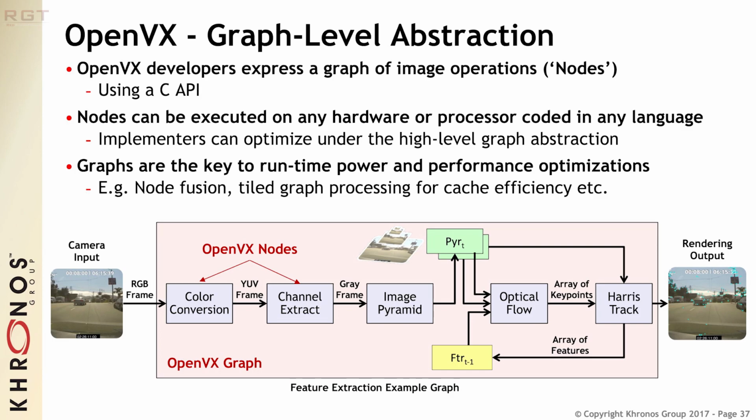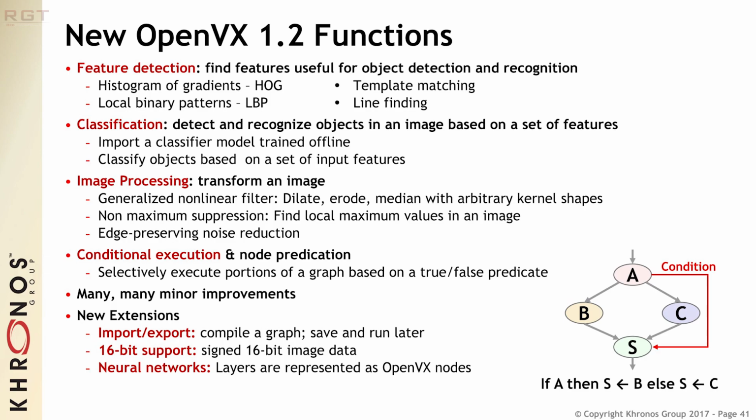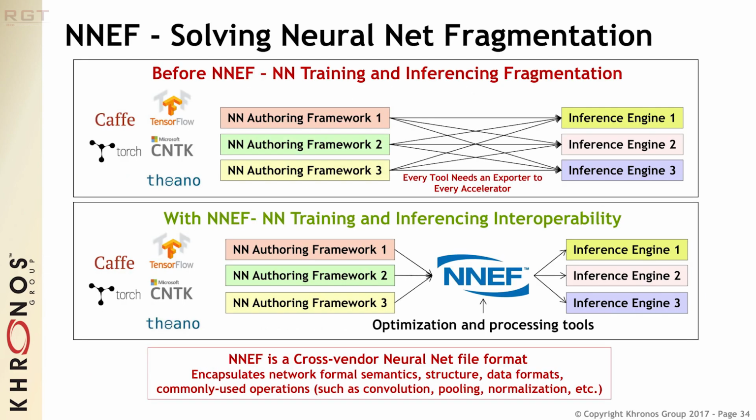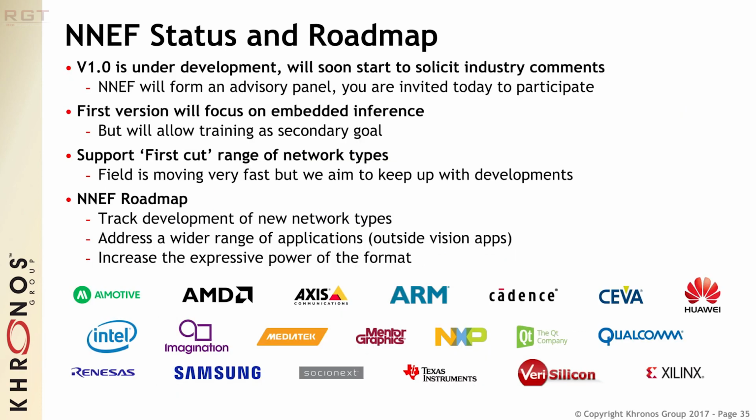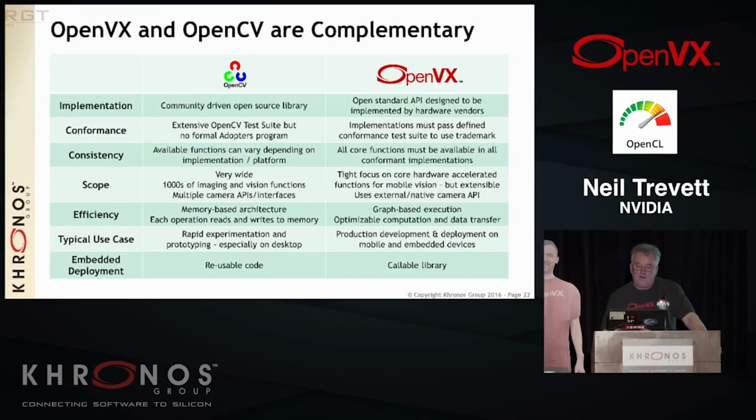1.2 back in May, and that has a definite focus on bringing neural nets as well as classic vision processing into the acceleration API. And we're working on NNEF, which is the neural net exchange format. We haven't released that yet. We're expecting version 1.0 towards the end of the year, but that is a very good complement to OpenVX because you can import neural nets into OpenVX for execution.